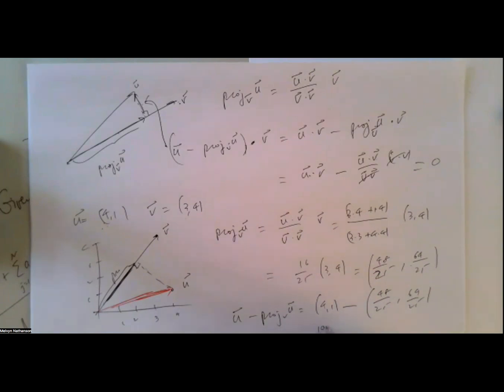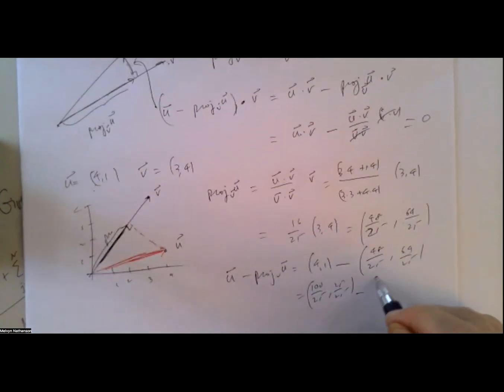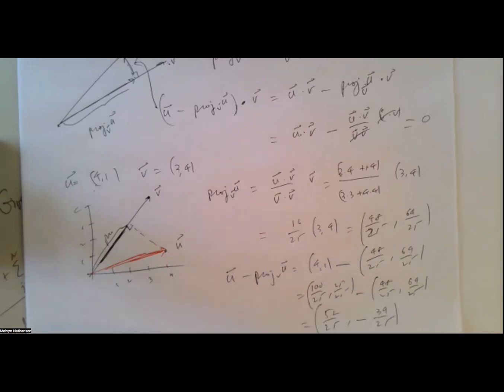So 4 is the same as 100 over 25, and 1 is the same as 25 over 25, minus 48 over 25, 64 over 25. This is equal to 52 over 25, minus 39 over 25, if I did my arithmetic correctly, which you never know.